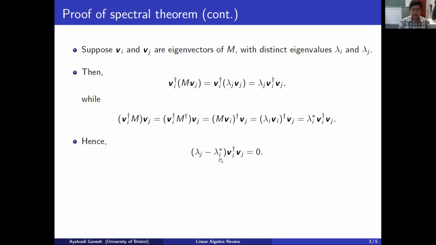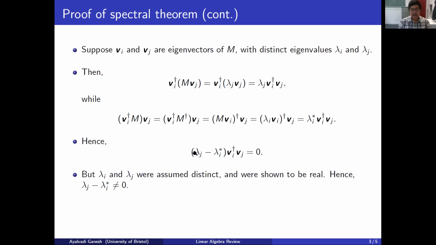But lambda i is real. We've shown all the eigenvalues are real, so lambda i star is the same as lambda i. And lambda i and lambda j are distinct, so this quantity here is non-zero. So a non-zero multiple of the scalar Vi dagger Vj should be 0, and that means Vi dagger Vj should be 0.